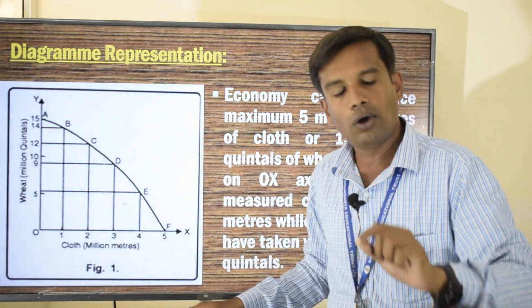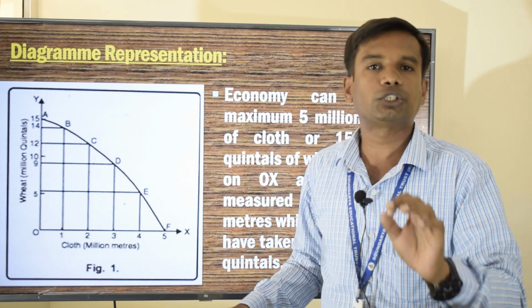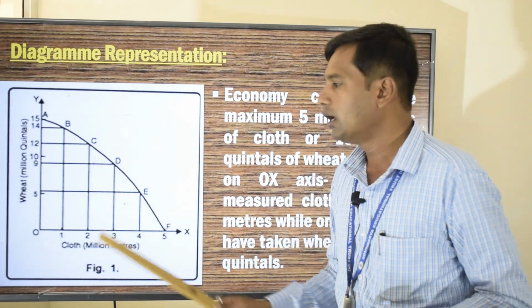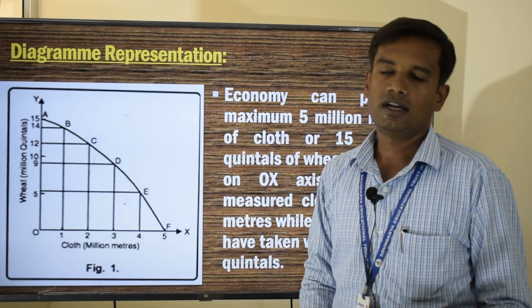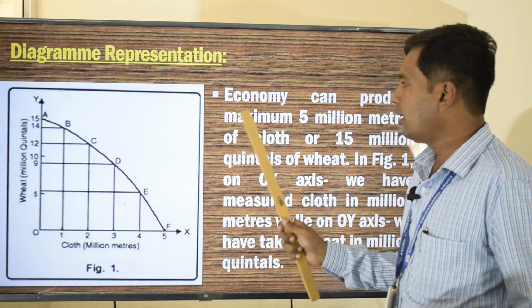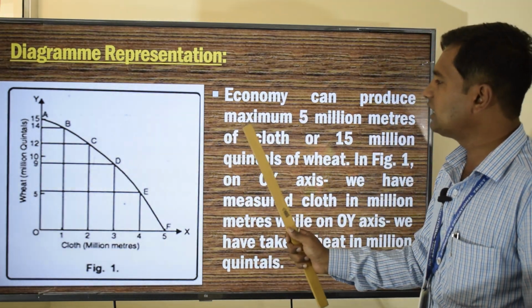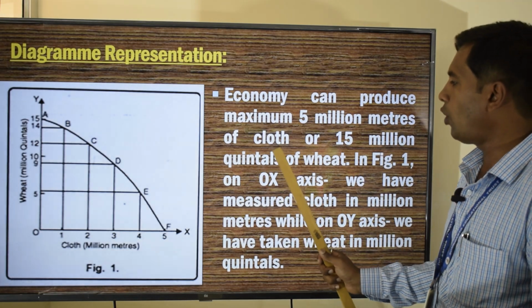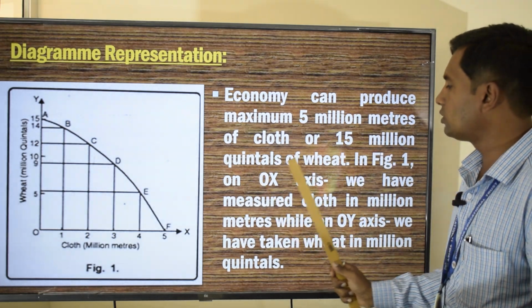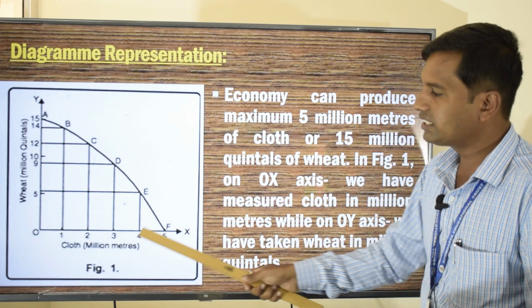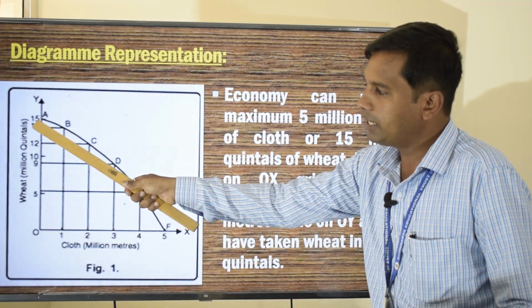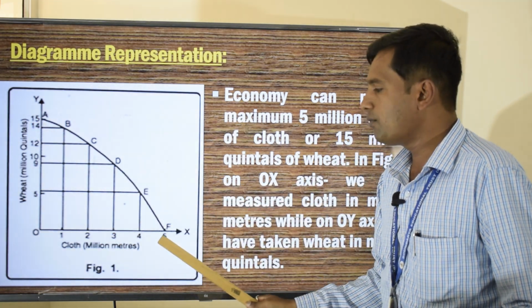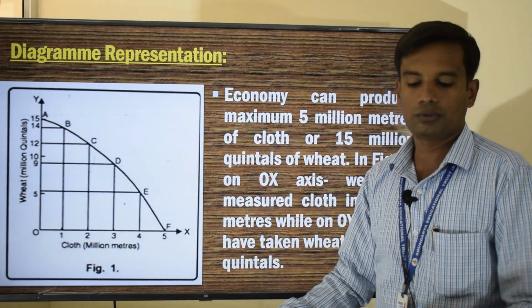So as I said, based on the necessity and the availability of resources, an economy can take the decision. Now you see here, the economy can produce a maximum of 5 million meters of cloth or 15 million quintals of wheat.